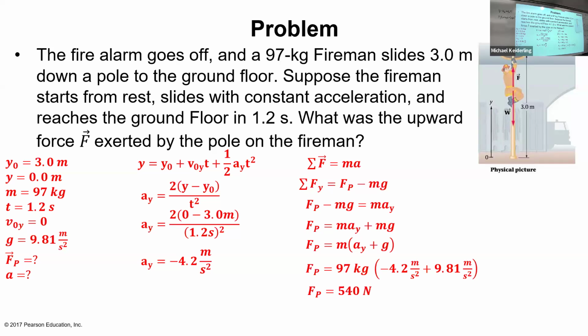So apparent weight is mass times acceleration plus g. Modify g by the acceleration. If the acceleration is negative g, then your apparent weight is 0. You're weightless. That's how you achieve weightlessness in space, for example. So the force from the pole is 540 newtons up, the positive y direction.